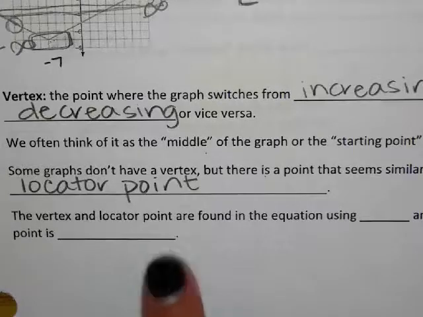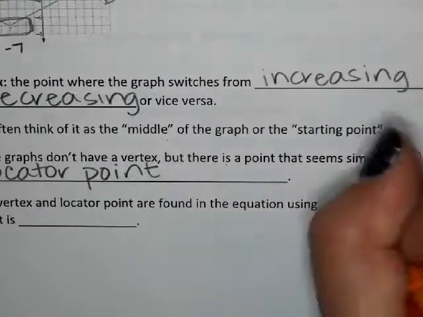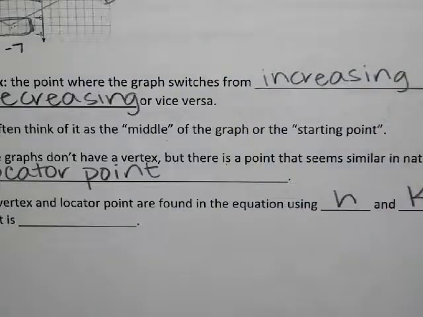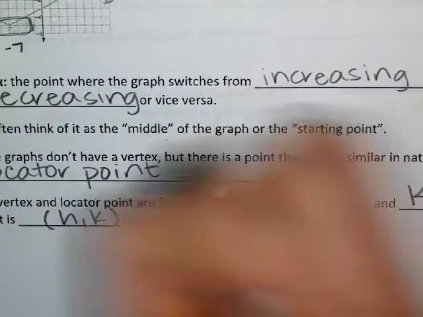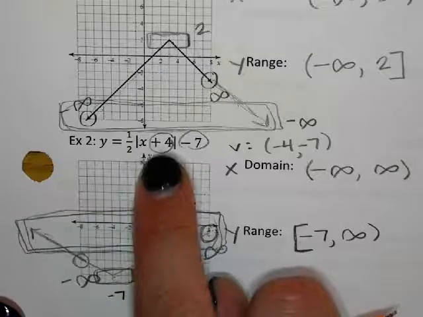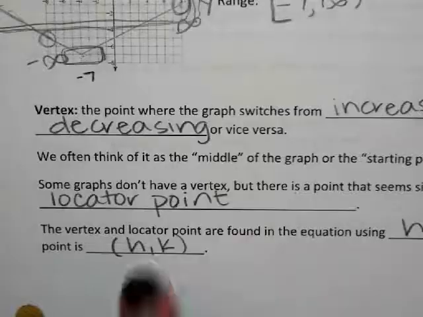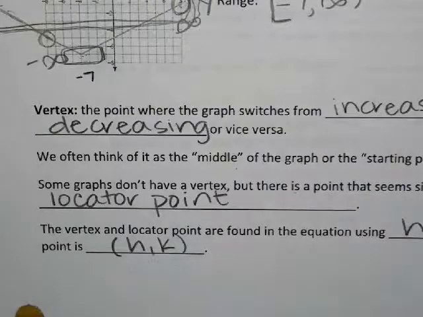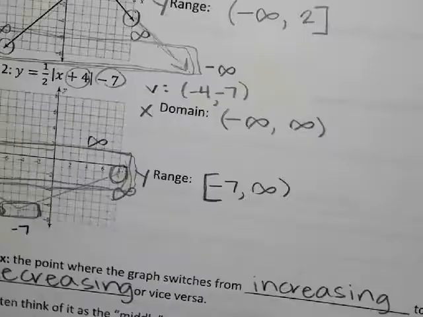The vertex and the locator point are found in the equation using h and k, and you're always going to write that as (h, k). Remember, the h was always x minus h, the opposite sign, and that's why it's written as positive h here, because you do the opposite sign when you write it in the parentheses. All right, next page in the notes.